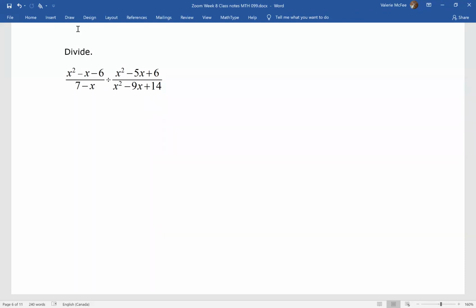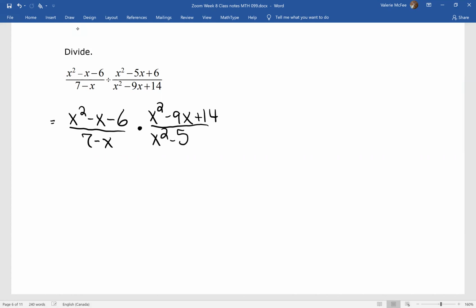So here's our first question. Step 1, change it to multiplication by the reciprocal. That means our first expression stays the same. Dividing changes to multiplication. Find the reciprocal of the second expression. Now we factor everything.